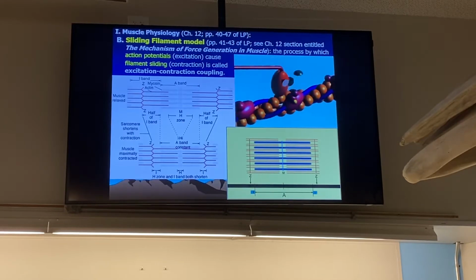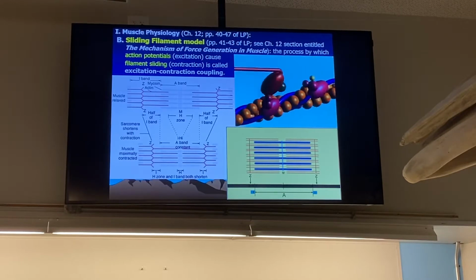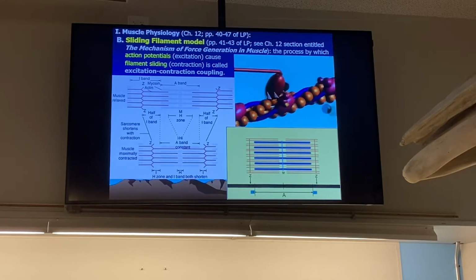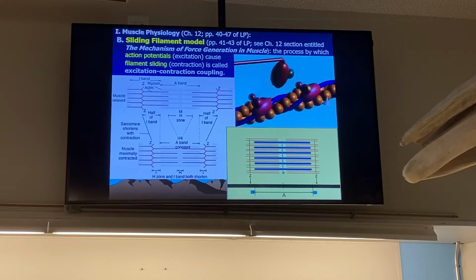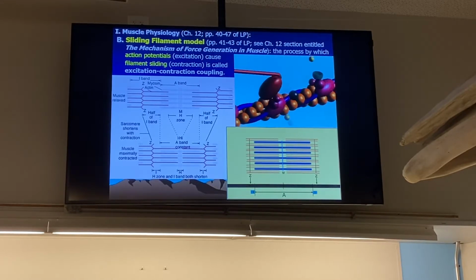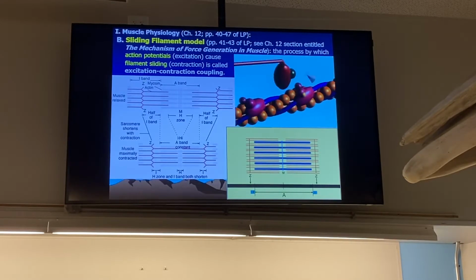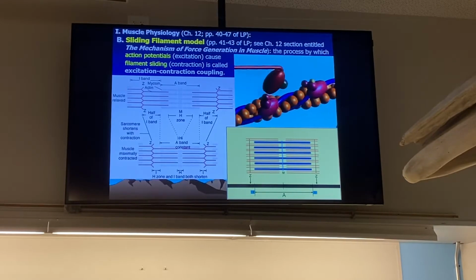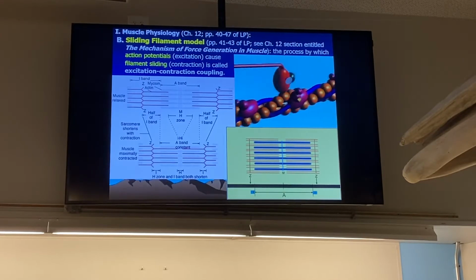We're going to learn later about isometric contractions, and in isometric contractions, there are no sliding filaments. So if you're talking sliding filaments, you're talking about isotonic contractions. And when the filaments are sliding, the Z lines come closer together, the muscle shortens. In a nutshell, this is isotonic contraction.